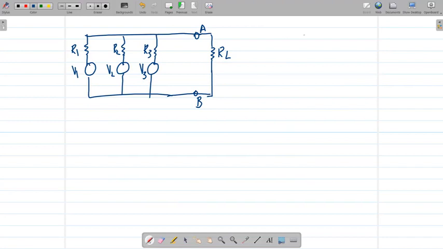So the R Thevenin is given by the parallel combination of R1, R2, R3 and so forth until Rn, right?